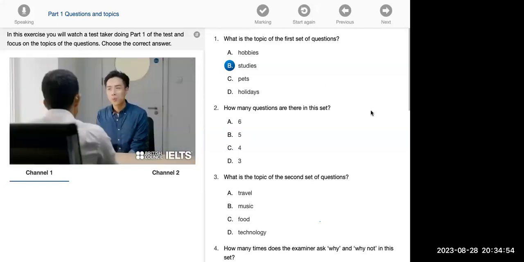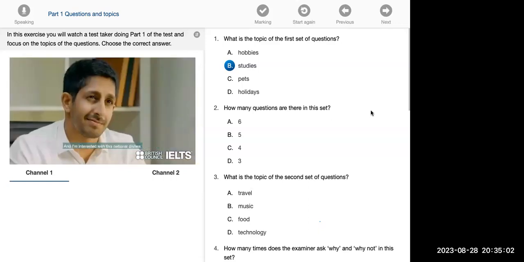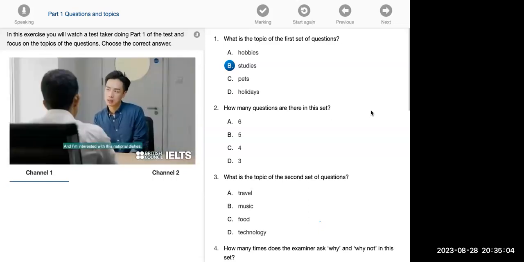Why? I'm interested in Mexican food because I like the spicy, and I'm interested in these national dishes, and some friends talk about it, and so I'm interested in trying this dish.